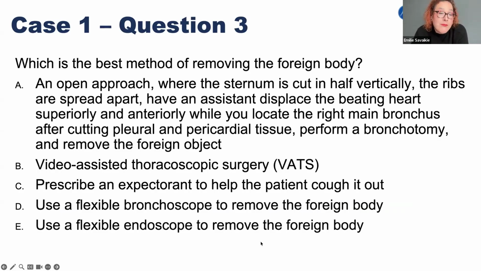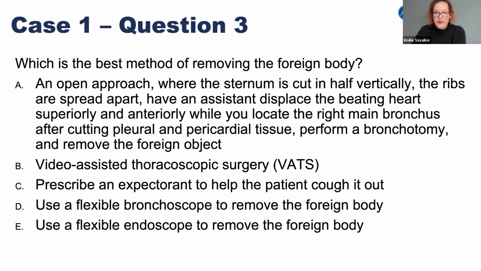So now this part is to make you think on how easily you can access the inside of a bronchus. A, an open approach where the sternum is cut in half vertically, the ribs are spread apart, and you have an assistant displace the beating heart superiorly and anteriorly while you locate the right main bronchus after cutting pleural and pericardial tissue, perform a bronchotomy and remove the foreign object.